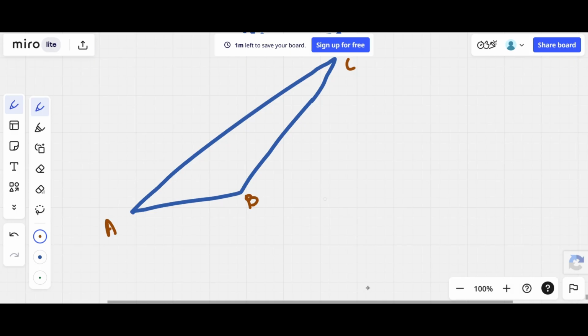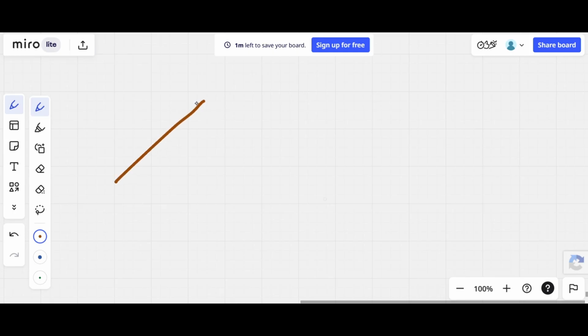Ma'am, is the circle drawn outside the triangle known as the circumcircle? The circle drawn outside, okay. Inside the triangle, right? Yeah, wait, I'll show that also.